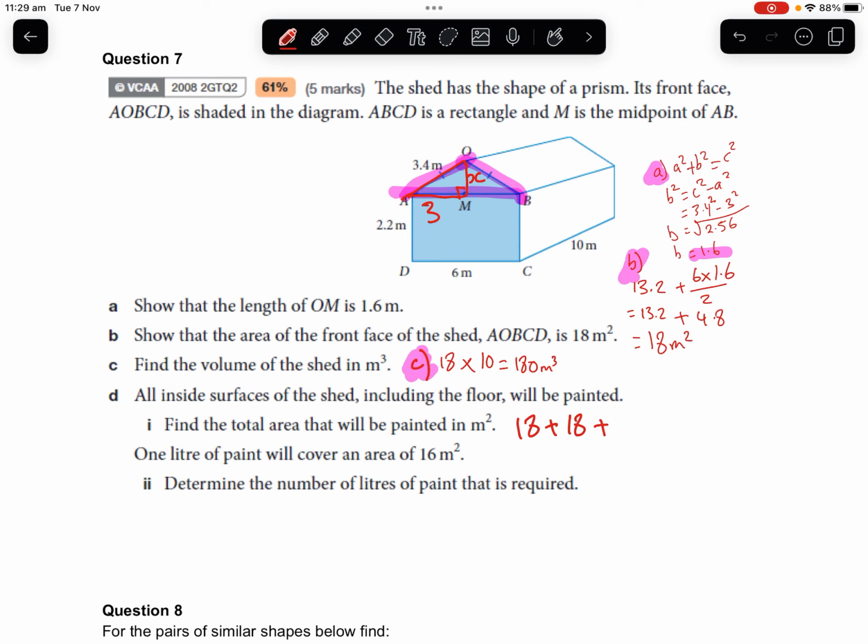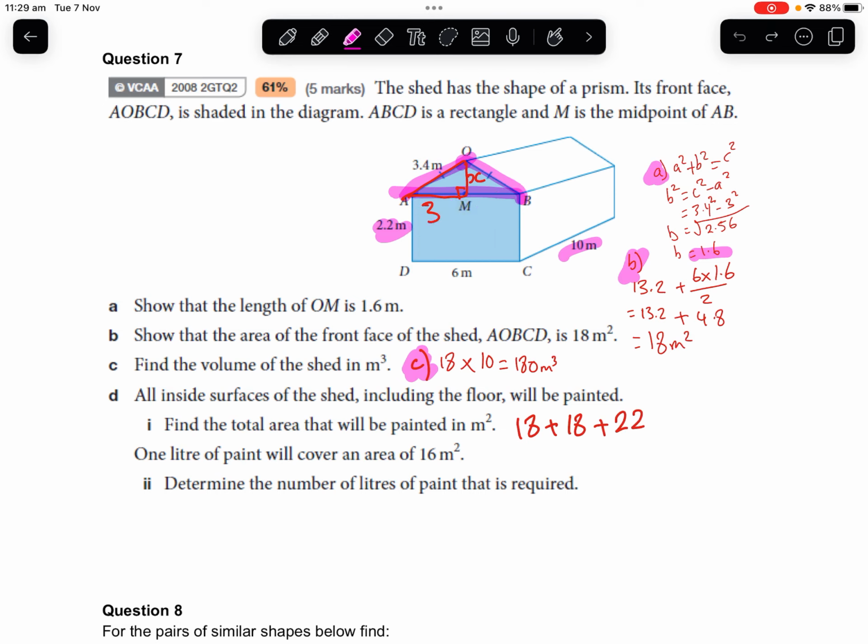Add them together. So the front side of the shed is 18, the back side of the shed is 18. Now let's find the area of this side of the shed, which is 2.2 times 10, which is 22. There is also the exact opposite side at the other end.